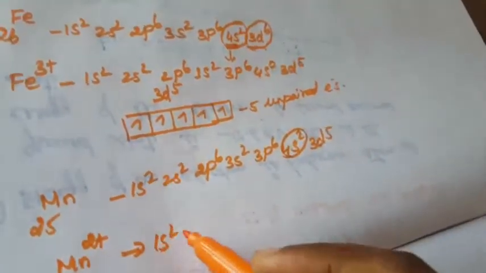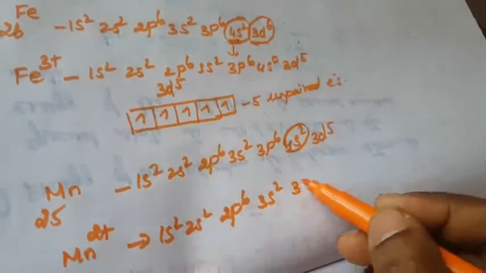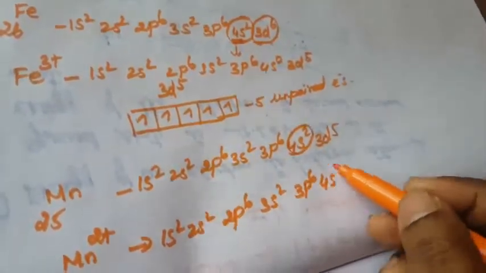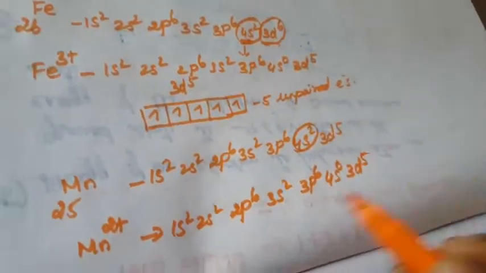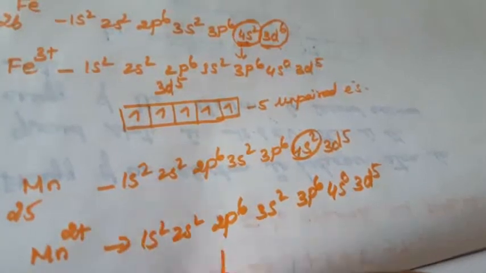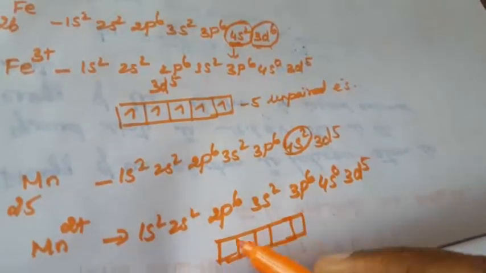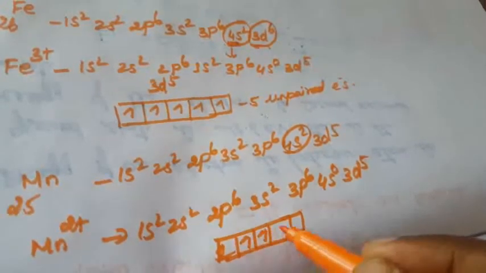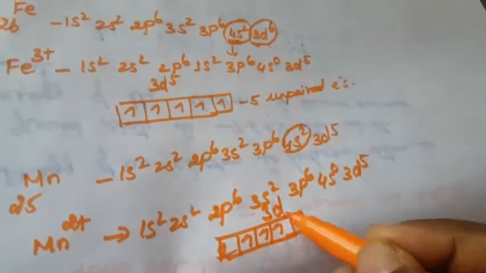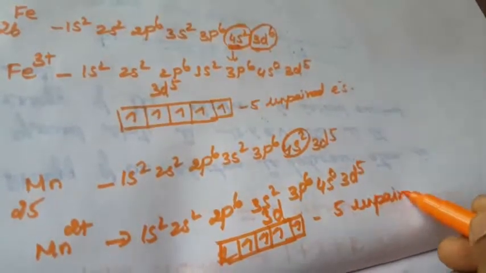So that is 1s2, 2s2, 2p6, 3s2, 3p6, 4s0, 3d5. Okay, this is the electronic configuration of Mn2+. How many unpaired electrons? That is 5 unpaired electrons, right? 1, 2, 3, 4, 5. That is 3d5, so 5 unpaired electrons.